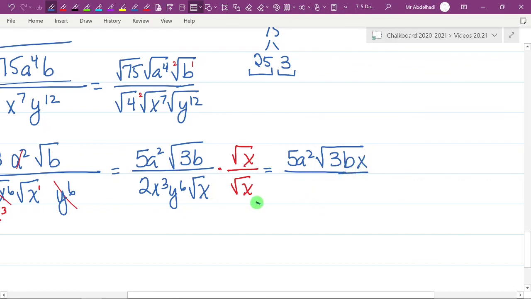Down here, the square root of x times the square root of x just becomes an x. And that x, when you add it to this x to the third times another x, is now x to the fourth. So this becomes 2x to the fourth, y to the sixth. That 4 is a little too big to be a power, so let me make it smaller. And that's it.